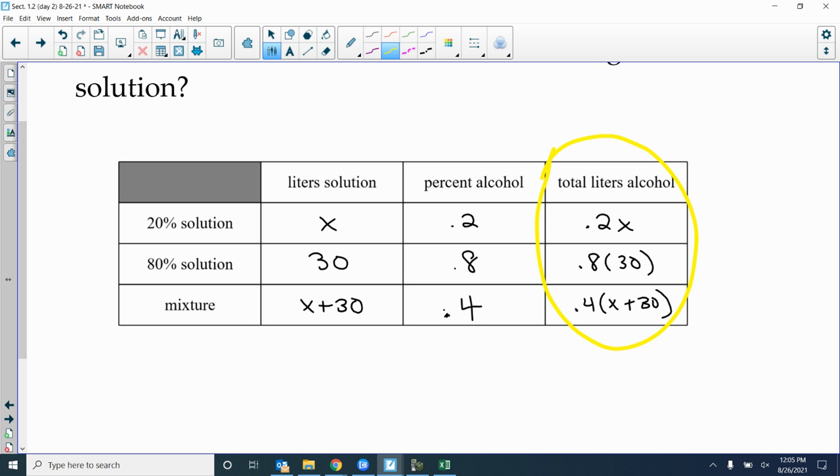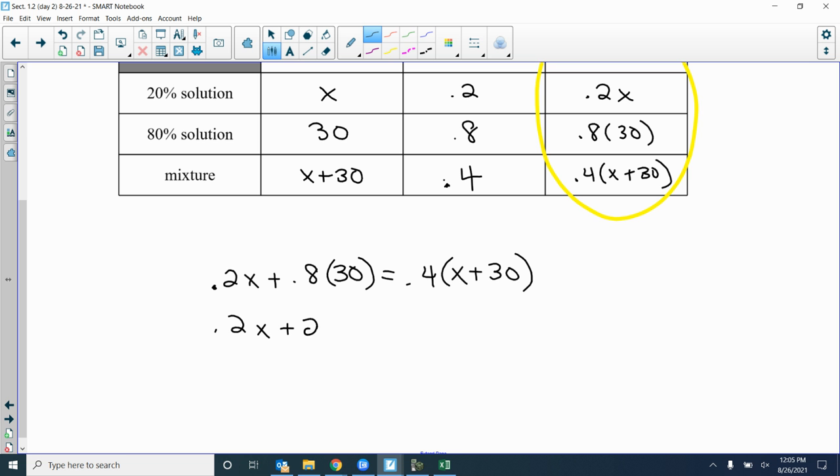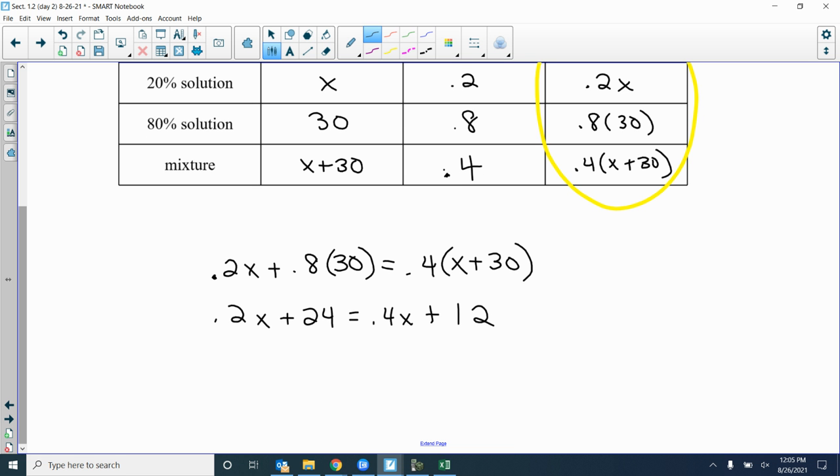So it's going to be 0.2x plus 0.8 times 30 equals 0.4 times x plus 30. And so you get 0.2x plus 24 equals 0.4x plus 12. Just solve that.